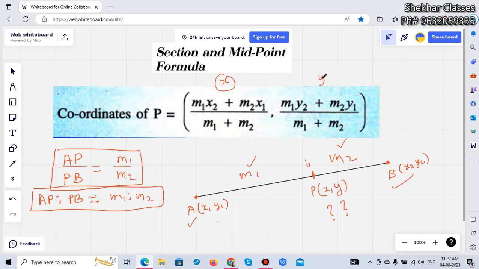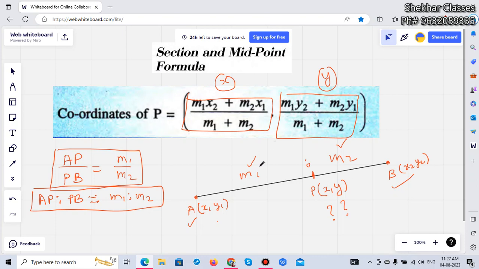And for y it would be like this. What is that for y? That is M1 y2, remember this first M1, then y2, then M2 y1, divided by the same M1 plus M2. It will give you the coordinate of x, and this is the coordinate of y.